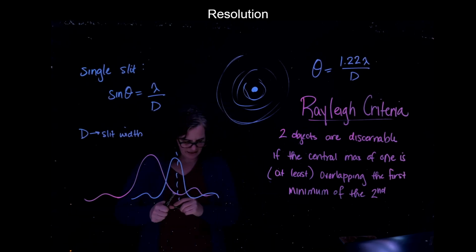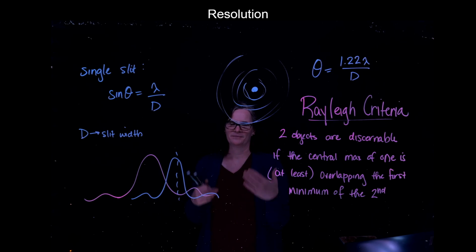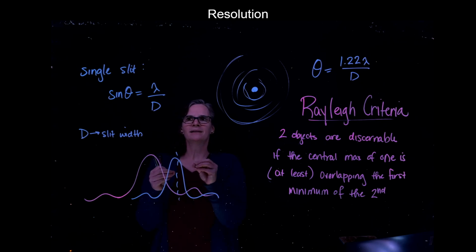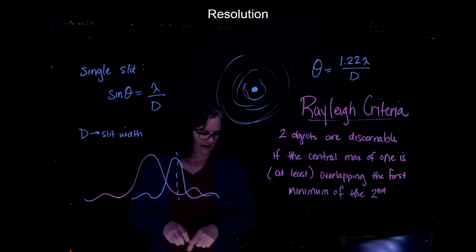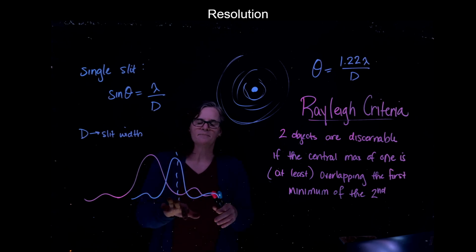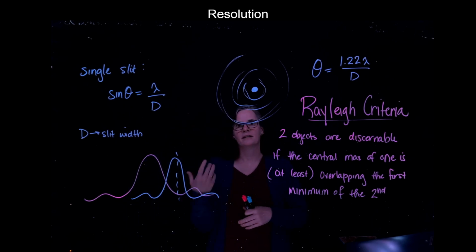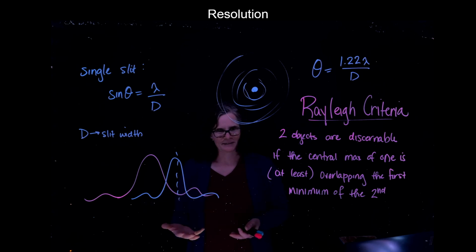That's when we say they are just resolvable. So if I have two celestial bodies, they're just resolvable if I get a diffraction pattern where the central maximum of one overlaps the first minimum, that first fringe, of the other one.